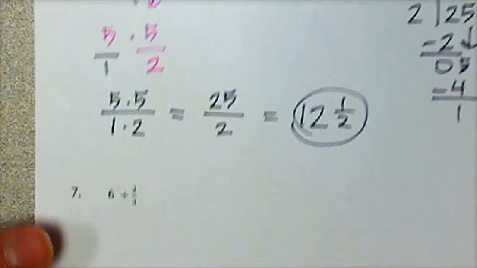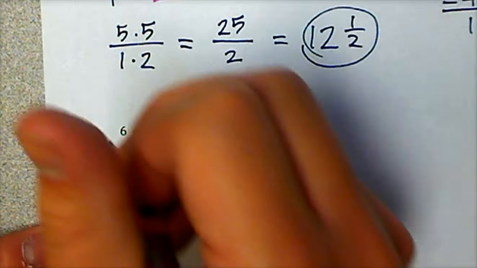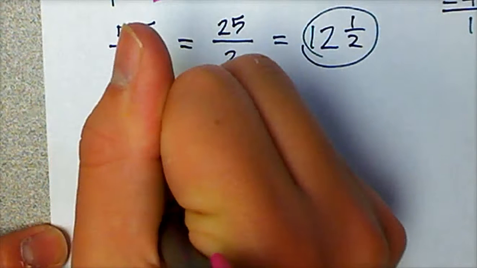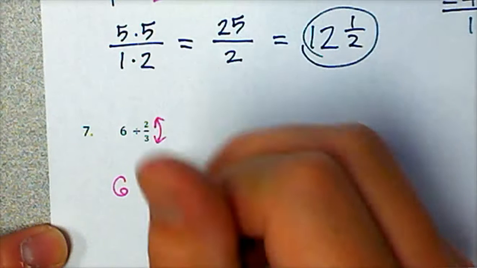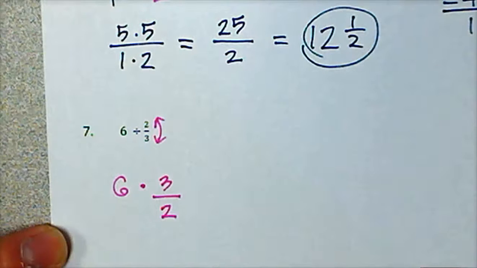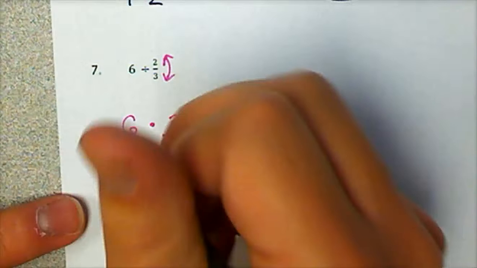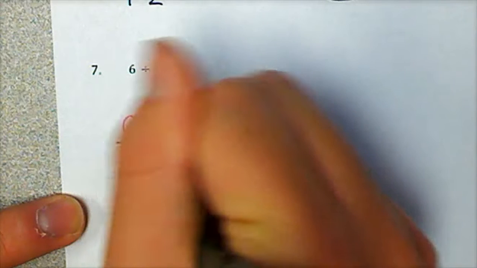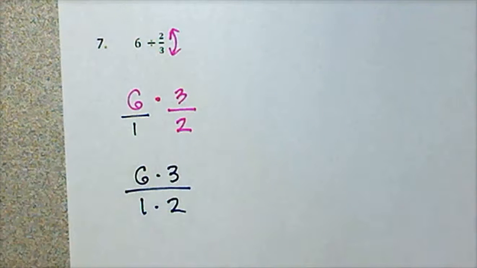Okay, for our last problem, 6 divided by 2/3, same thing we've done in the first two. We take our whole number 6, we're going to change this to a multiplication problem, and we'll multiply by the reciprocal. The reciprocal of 2/3 is 3/2. So this becomes 6/1 times 3/2. I do have an opportunity to cancel for this problem.